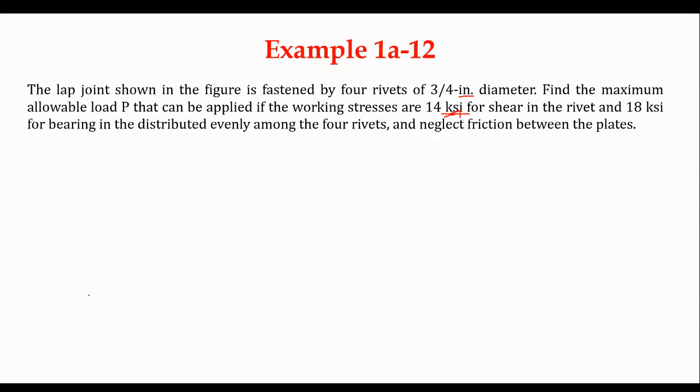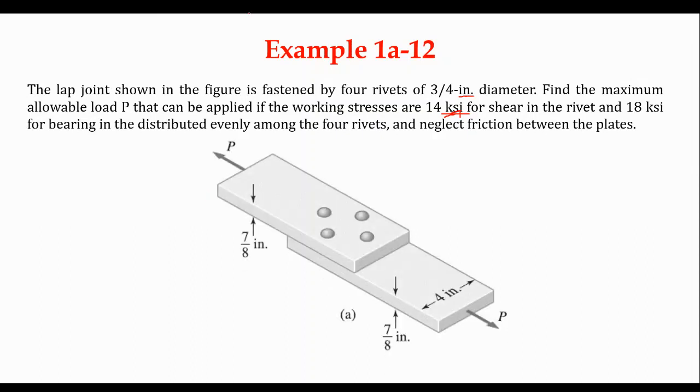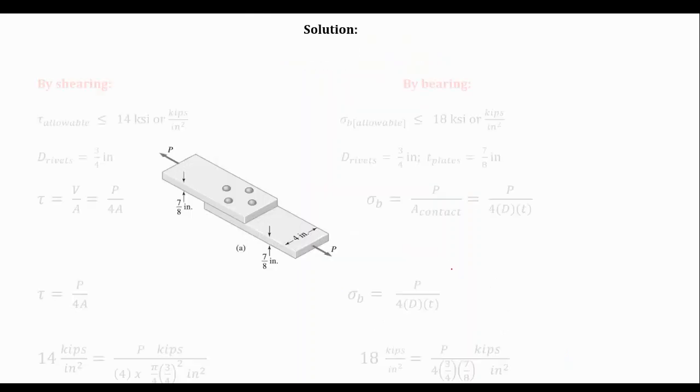So what should be the force P that we apply to this system when there are limits on both shear and bearing? In working stress design, we need to compromise so we get the largest P that can be applied in the system. Okay, so let's investigate.